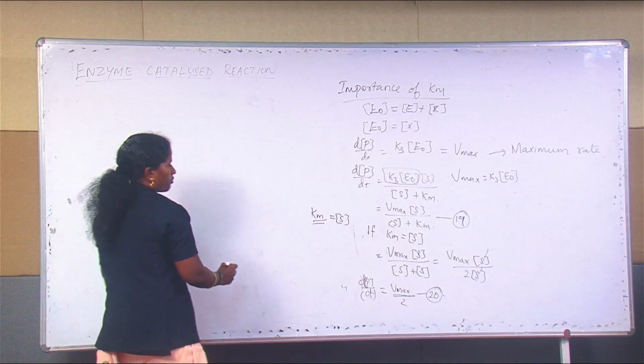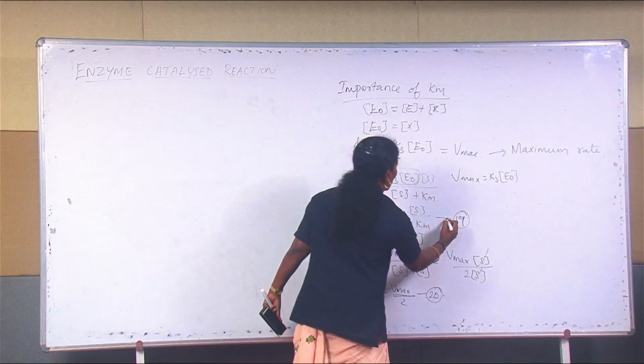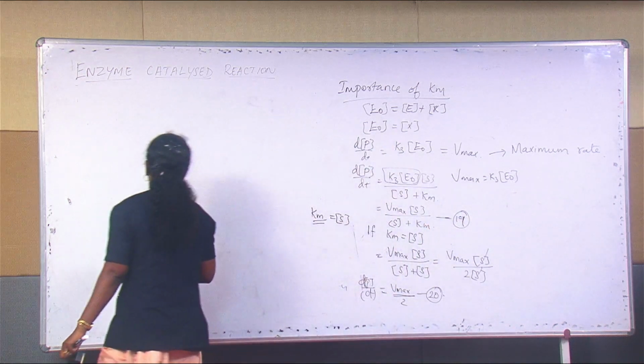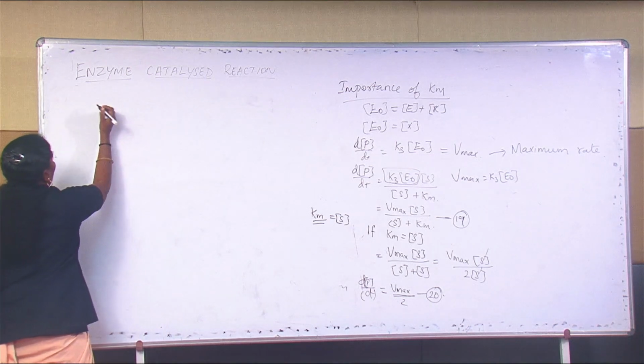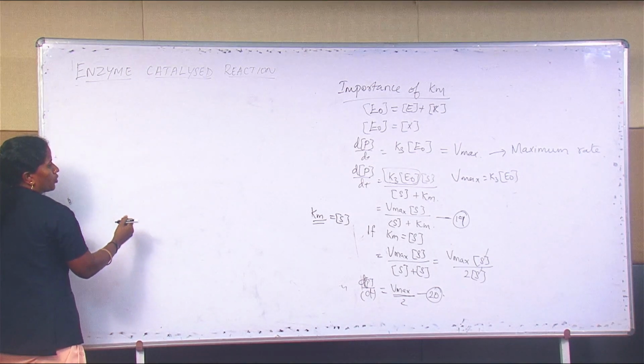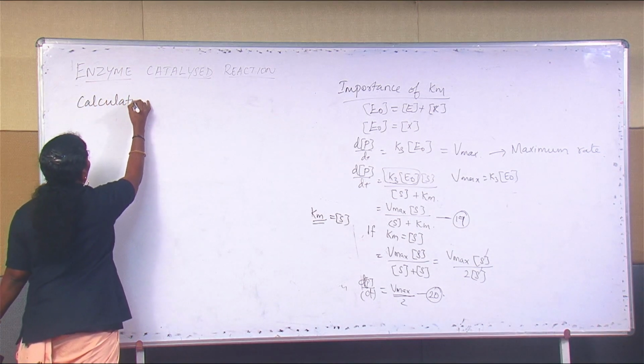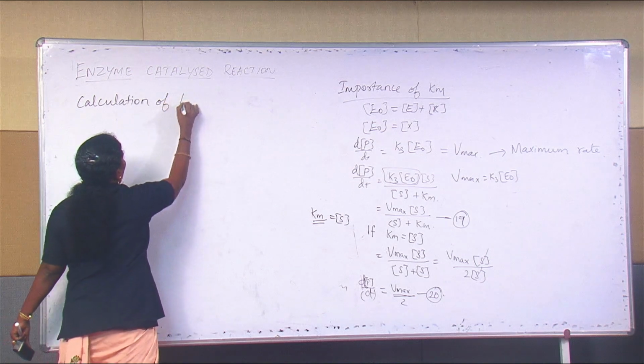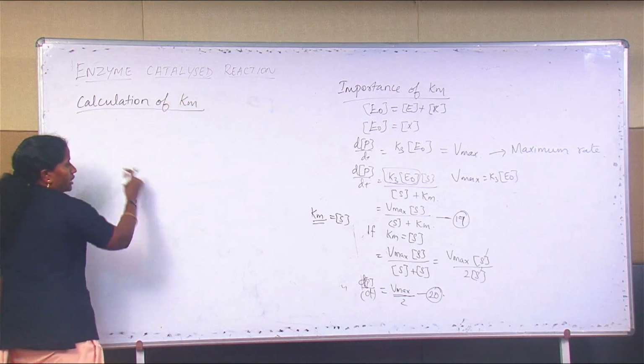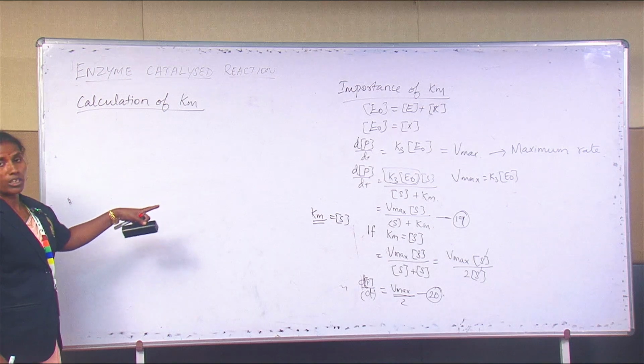So this equation 19 can be written in the reciprocal form. So calculation of Km value from the reciprocal equation from 19.